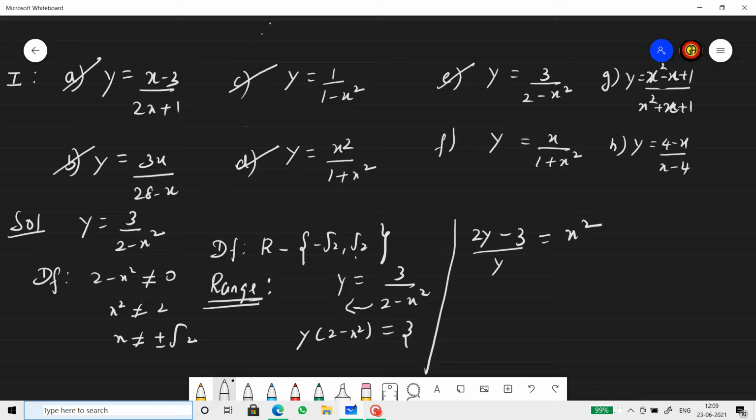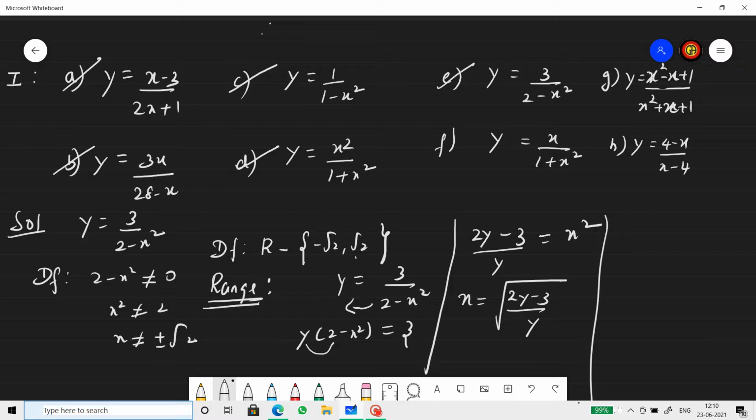Hope you understood the step that I did. y times 2 minus x square, I brought it to the other side, then I took the 3 to the other side, just grouping the terms. So x square equals 2y minus 3 by y. So x is equal to root over 2y minus 3 by y. Again a root, just like the previous sum.